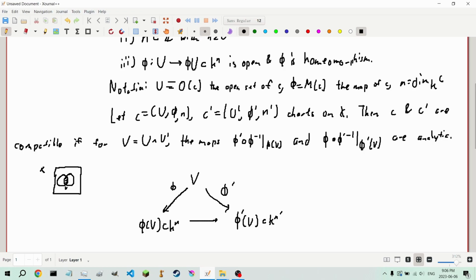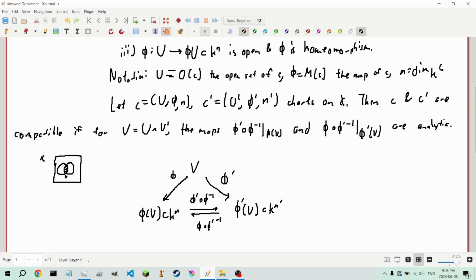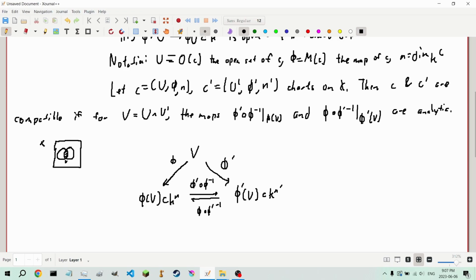And of course we just have phi prime composed with phi inverse and vice versa. We just want to make sure these two maps are compatible. And of course, if C and C prime are compatible, and this intersection is in fact non-empty, then the dimensions have to match up.